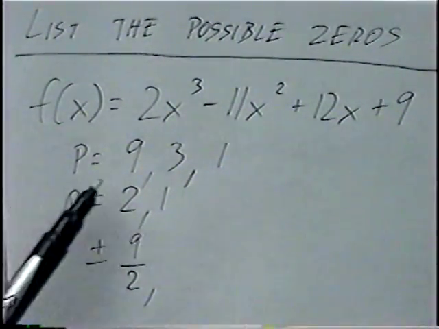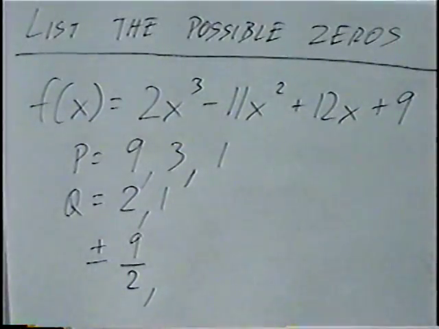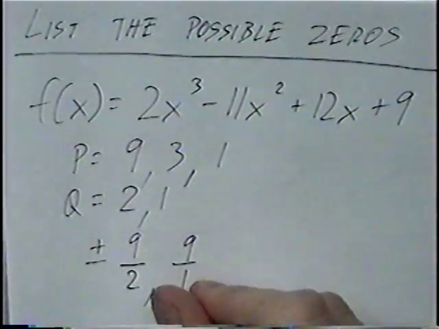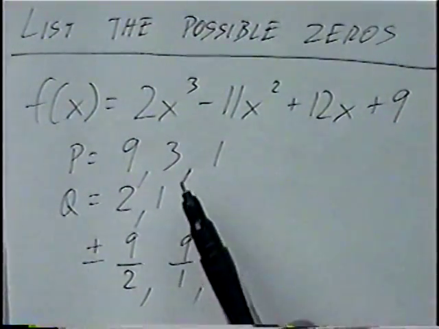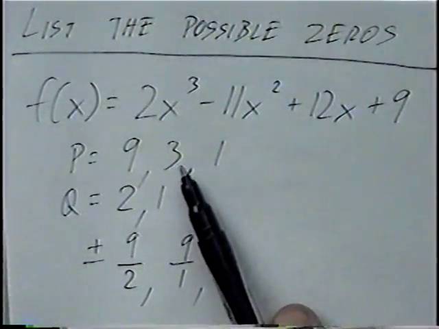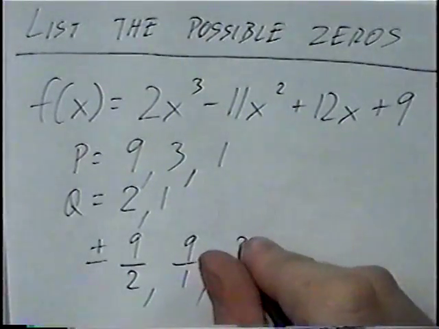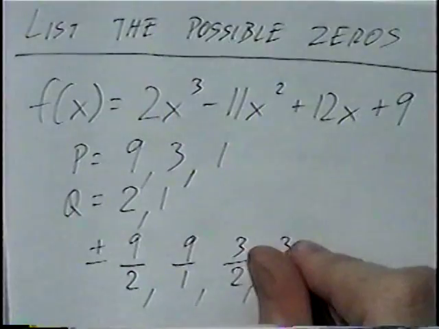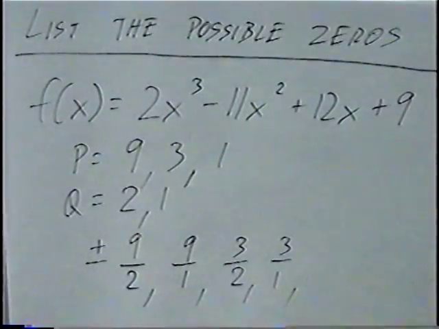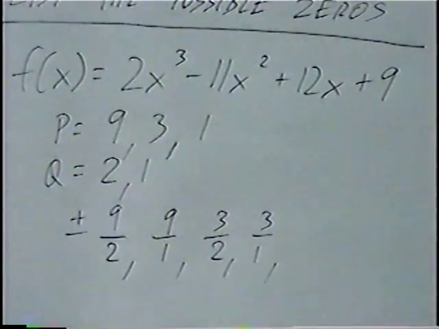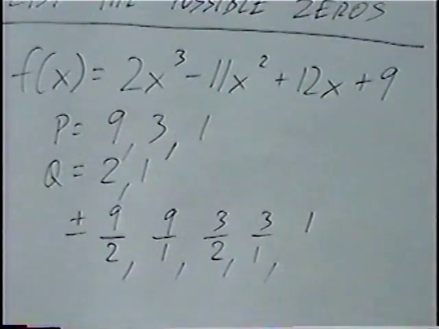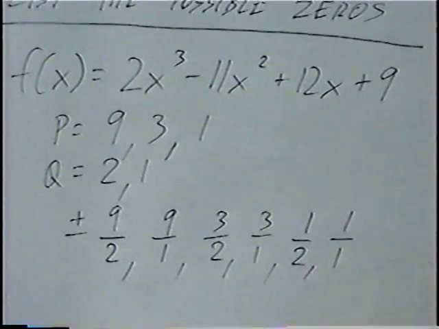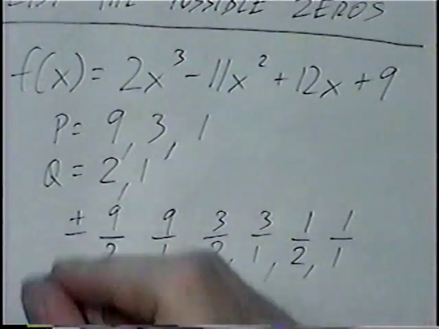Second value, we can also use 9 over the second value of q, which would be 9 over 1, or just 9. Continuing on, we'll take the next value of p, which is 3, and list that over both q values, which would be 3 over 2 and 3 over 1. And the last possible zero, the last p could be 1 over 2, or it could also be 1 over 1, which would just be 1.